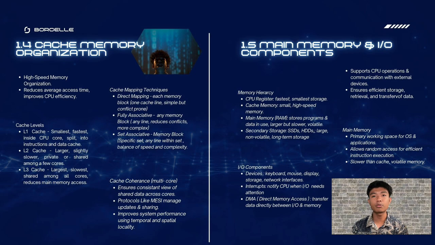This structure improves performance by keeping frequently used data in faster memory. Main memory serves as the primary working space for the operating system and running applications. It allows random access to data but is volatile, meaning data is lost when power is turned off.